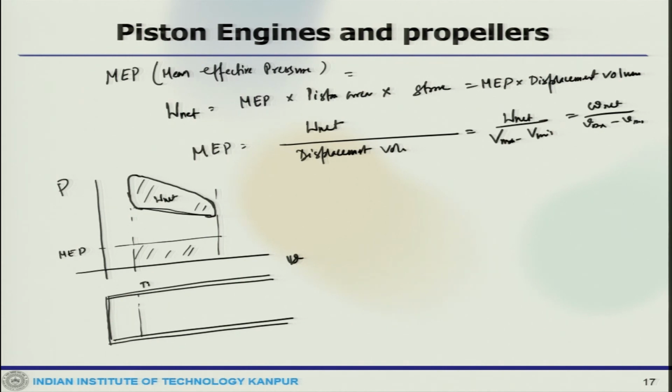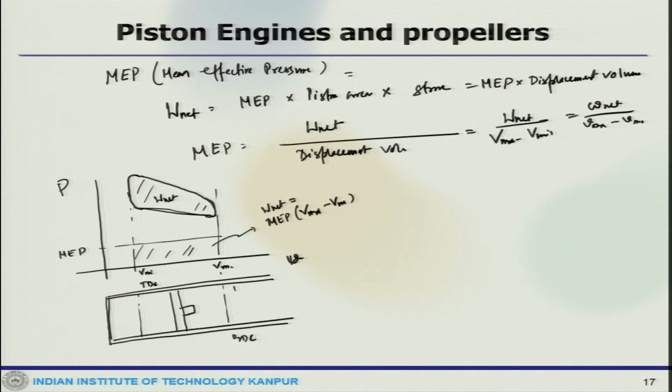So this is TDC, that means V min, this is V max. So, this is MEP into V max minus V min. So, that is also W net. So, this area, and this is where the cylinder lies, and that is the bottom dead center. So, this is BDC.